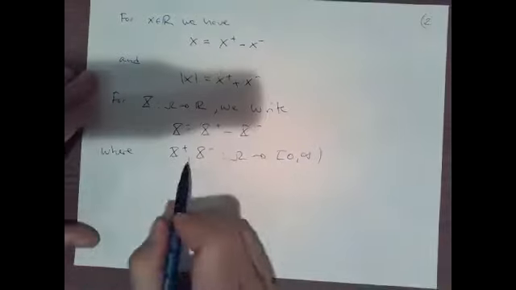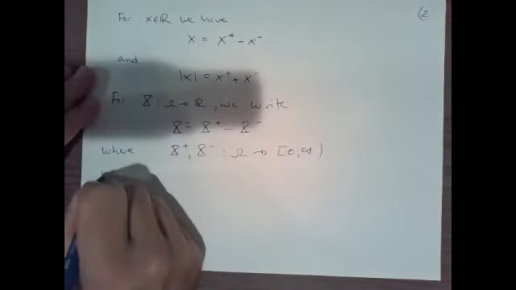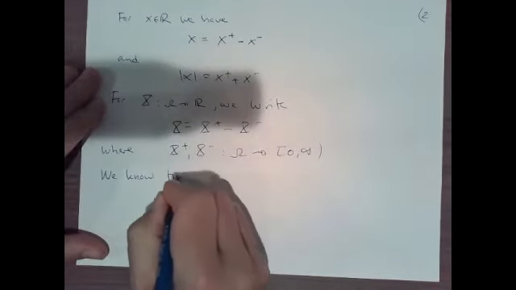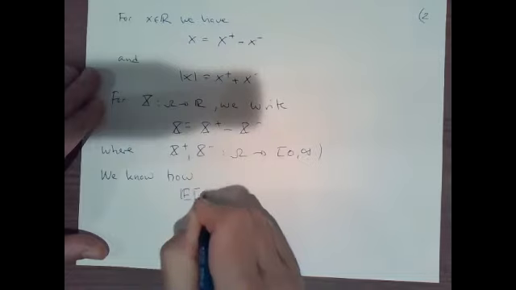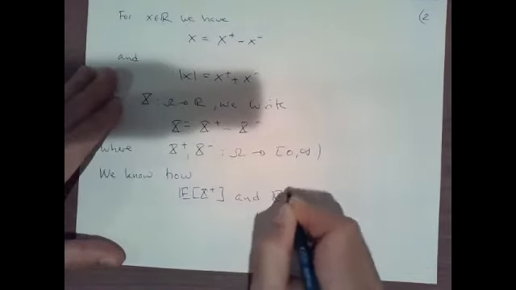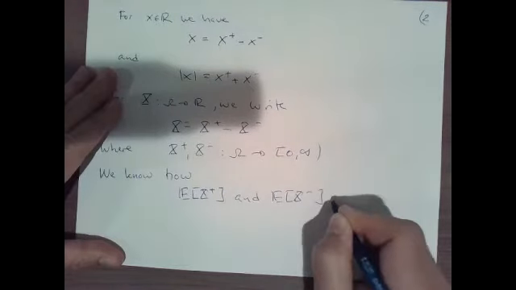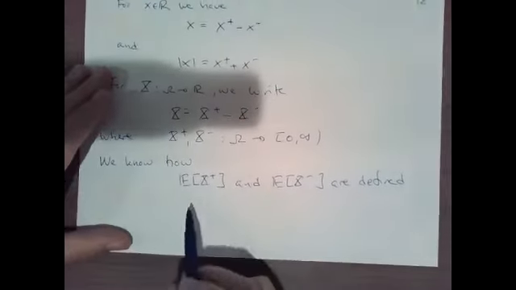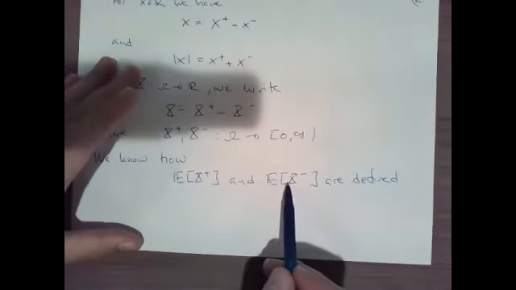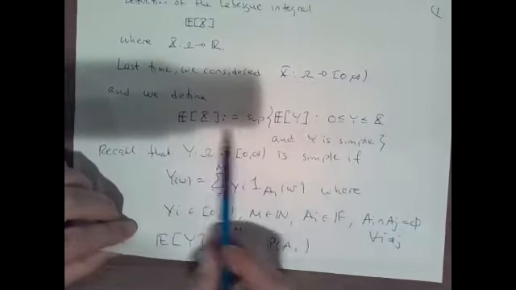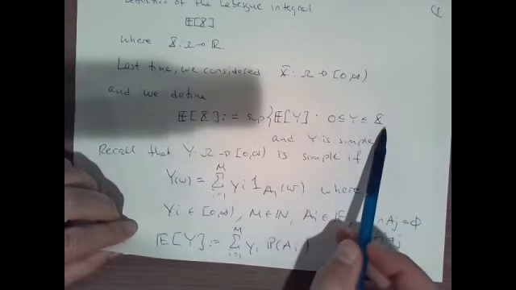Because they're positive, we know how these two expectations are defined. This is an expectation of a positive random variable, and this is an expectation of a positive random variable, so they'll be covered by this definition here, because I do have positivity.